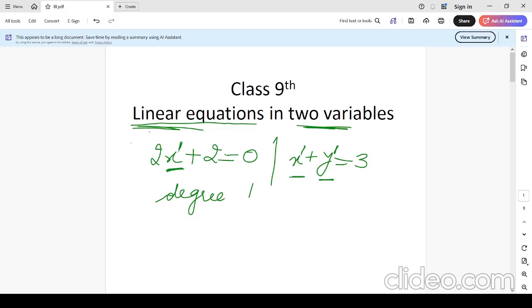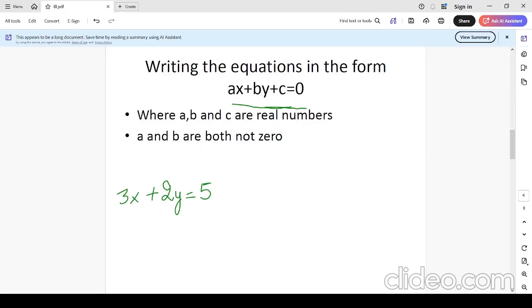Okay, so let's now talk about writing the equation in the standard form. We have a standard form to write equations in two variables, that is ax plus by plus c equals 0, where a, b and c are real numbers.